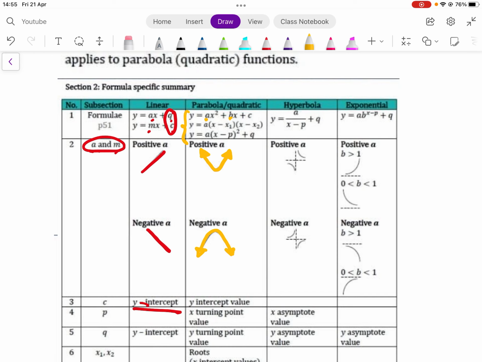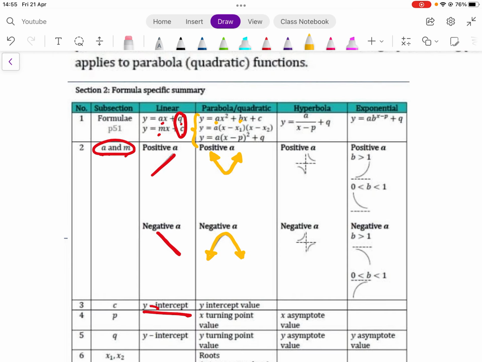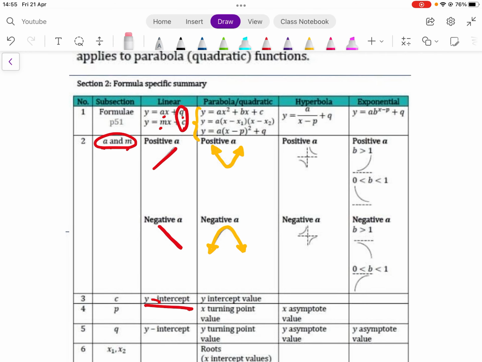And also before that, let me try to differentiate between the three types of equations. It depends on the situation which one to use, because sometimes it's easier to use equation 1, sometimes it's easier to use equation 2 or 3.